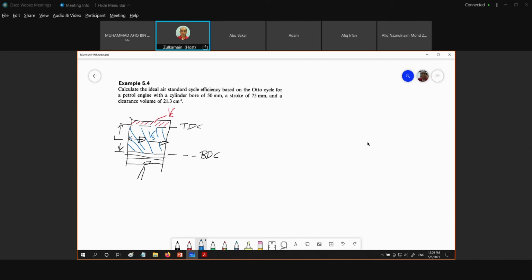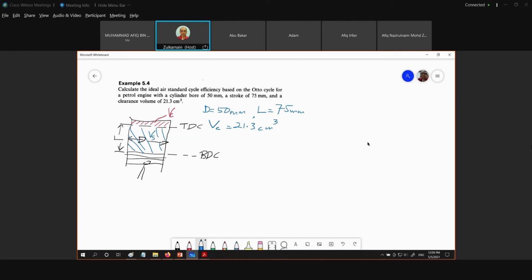Okay, now given the bore, D is equal to 50 mm. Stroke L is given as 75 mm. And our clearance volume is given as 21.3 cubic centimeters.